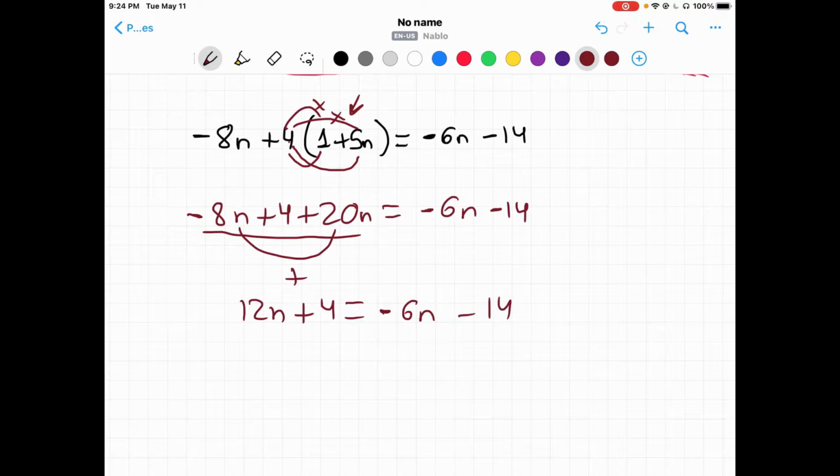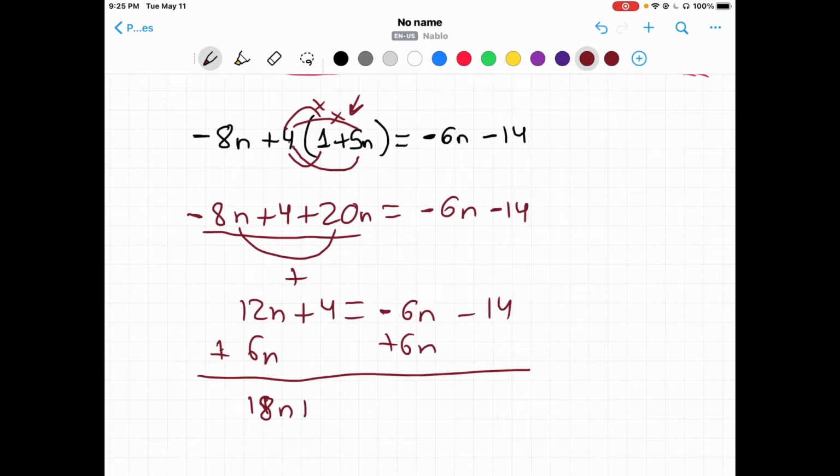And once again, I'm going to move the variable to one side, so I could do plus 6n on this side, which is what I'm going to do, or I could also do minus 12n, it doesn't matter, but I'm just going to go with plus 6n. You'd get 18n plus 4 equals negative 14.